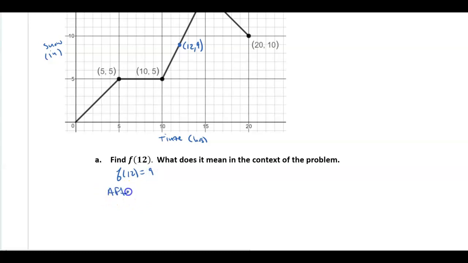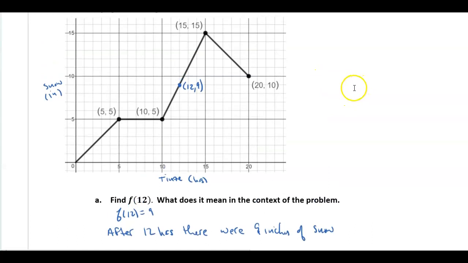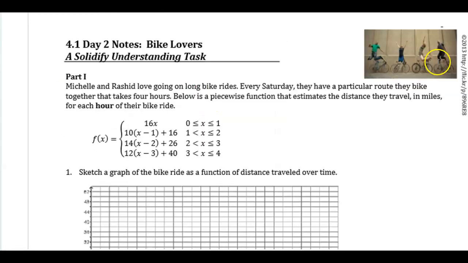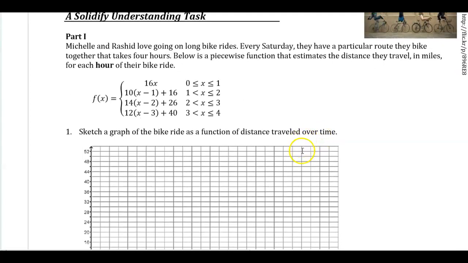So after 12 hours, there were 9 inches of snow. You're basically interpreting that all your x values will be hours and your y values will be inches of snow.